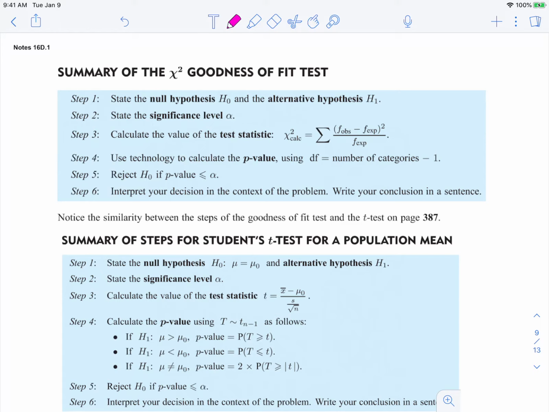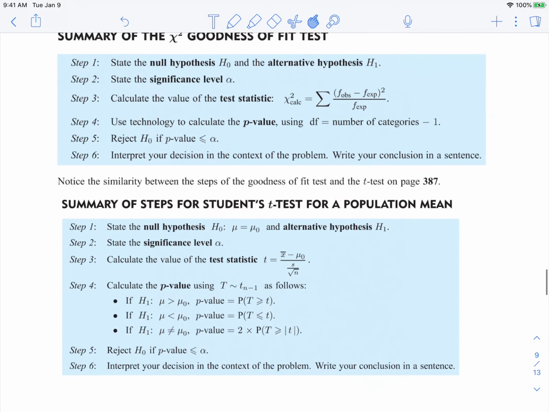Step 4, you can use technology to calculate that p-value using the degrees of freedom, number of categories minus 1. And then step 5, reject the null hypothesis if that p-value is less than the significance level. And then you'll need to interpret your decision in context of the problem. Make sure you write your conclusion in a final answer.